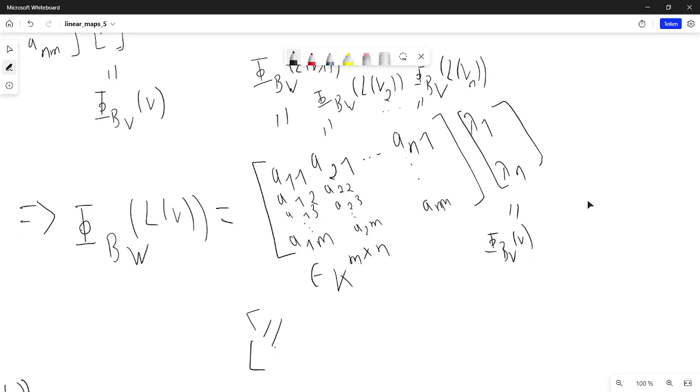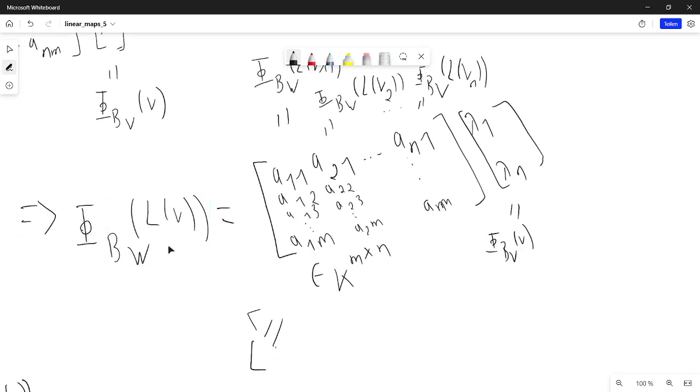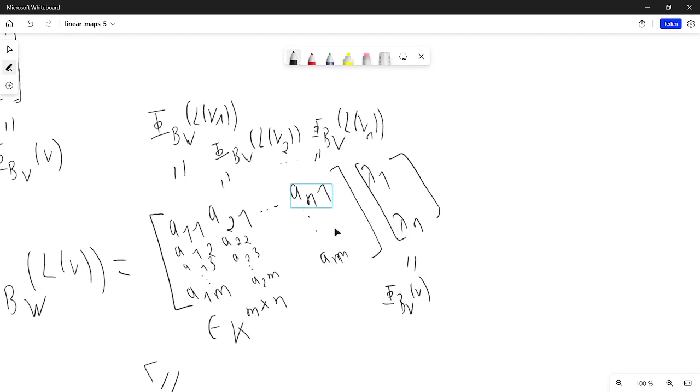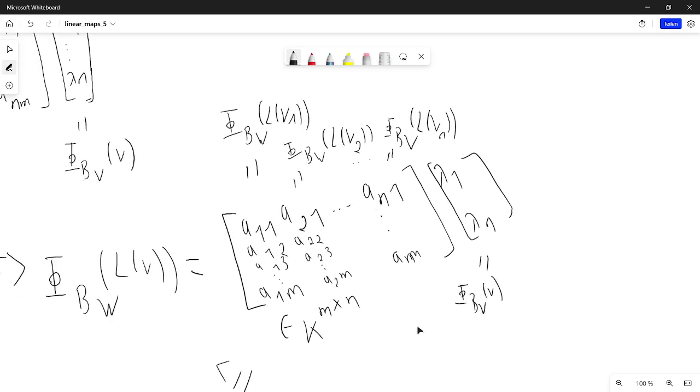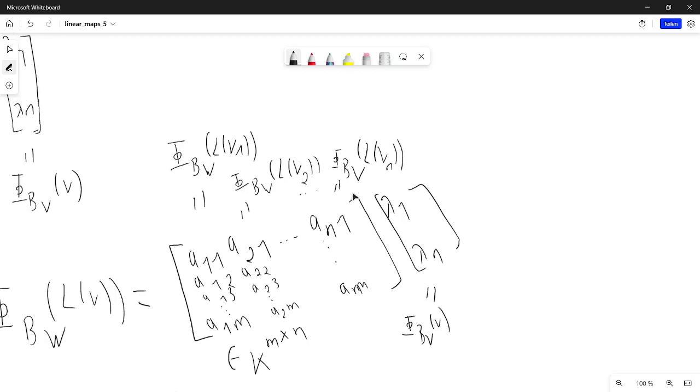And if we want to compute coordinates of the image of a vector v in a vector space V, we just multiply this matrix that we have written down that way by the coordinates of that vector with respect to the chosen basis, right?